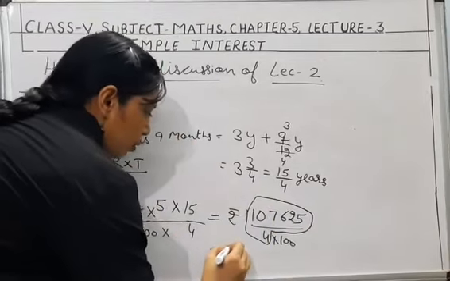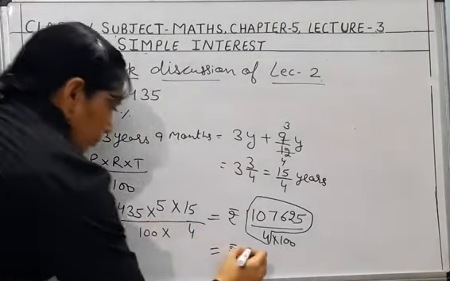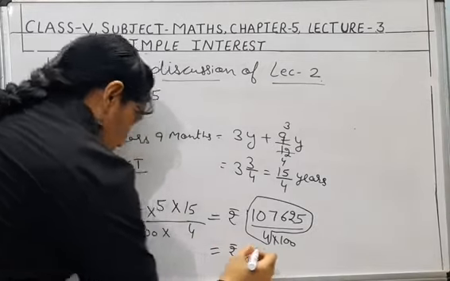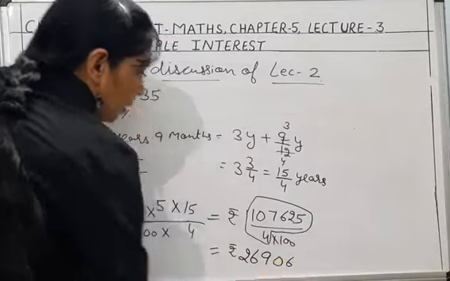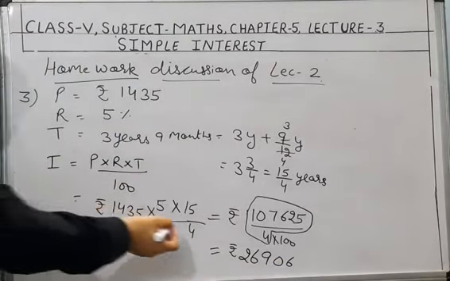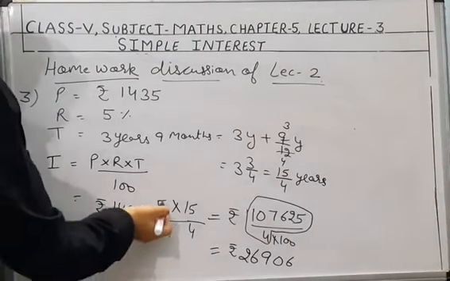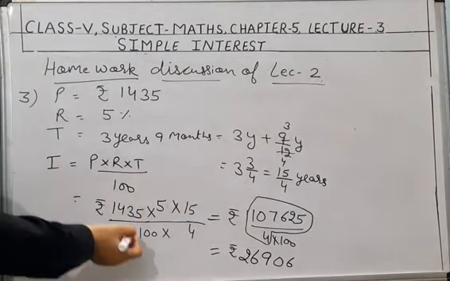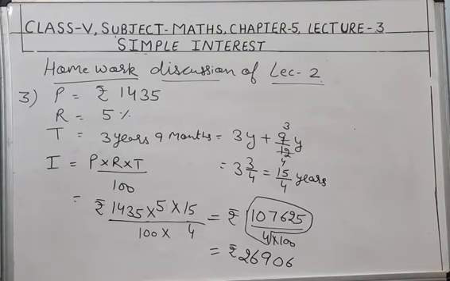When you will do simple division, you will get your answer. Or it's your wish if you have done by cutting or by doing all this. It's your wish if you have multiplied with 4 into 100. That is also okay. If you have done cancellation, 5 ones are 5, 5 twos are 10, 5 0 0. You can solve it anyway, but the answer is same in all the cases.